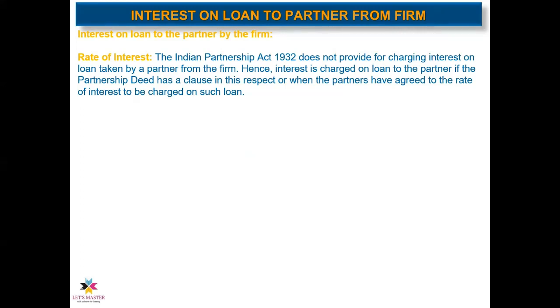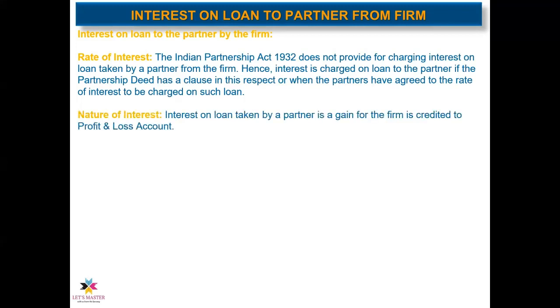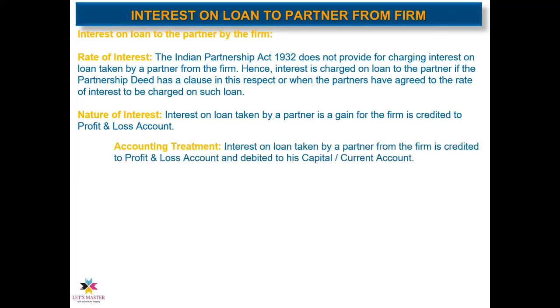If there is no agreement for charging interest, and the partnership deed is also silent about the rate of interest, then no interest can be charged. And this interest on loan taken by the partner is a gain or income for the partnership firm, so it will be credited to the profit and loss account.